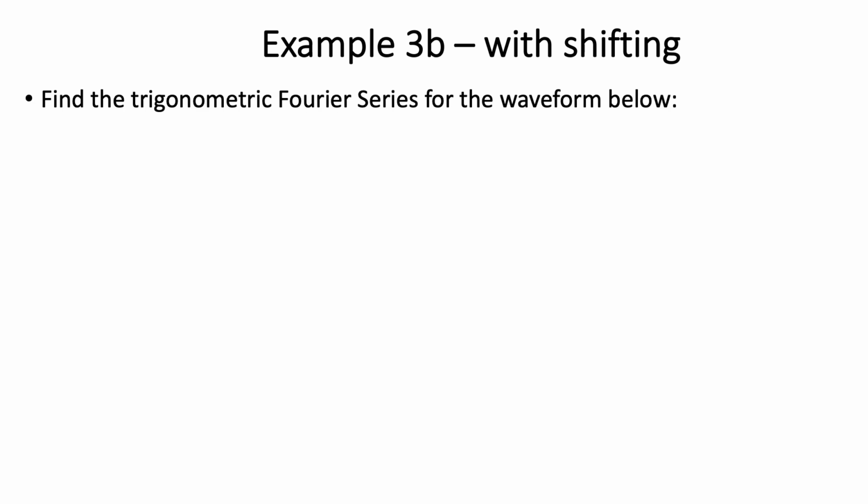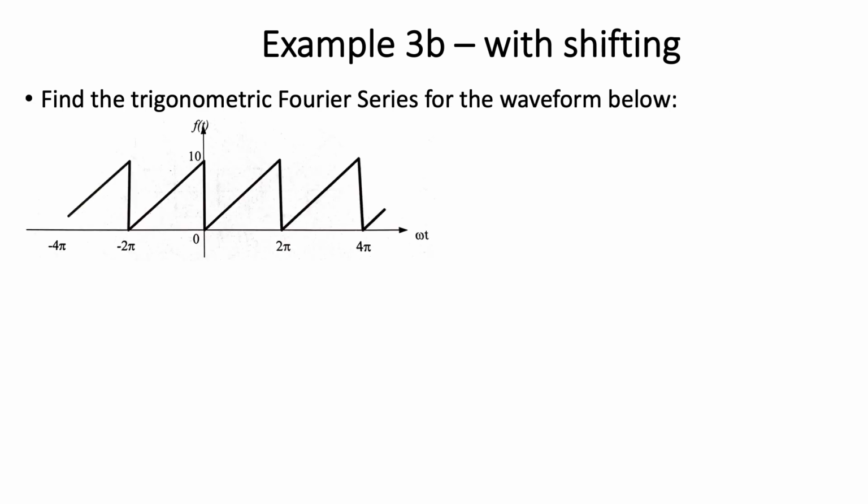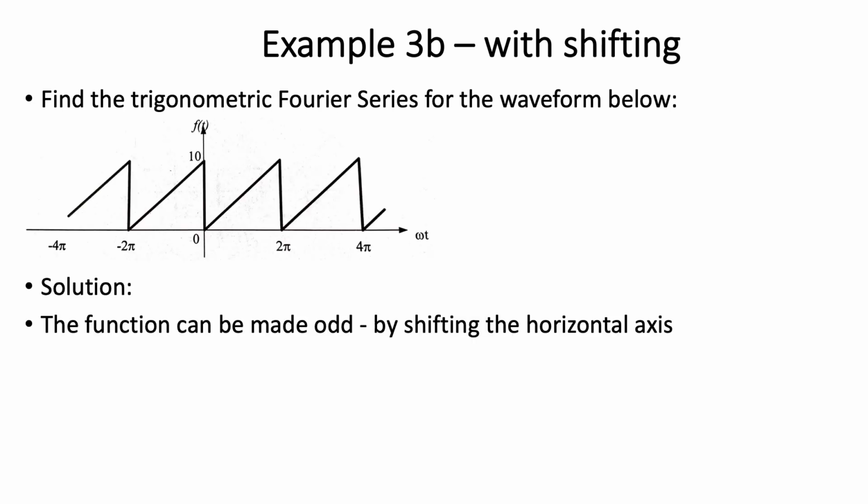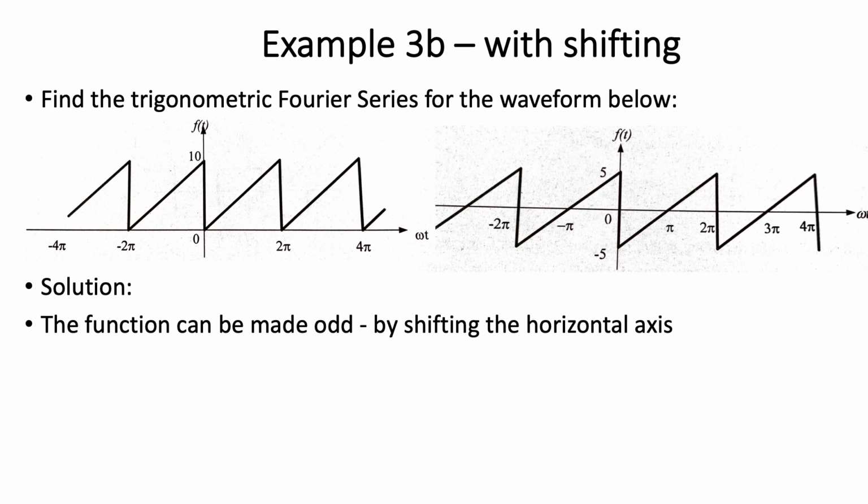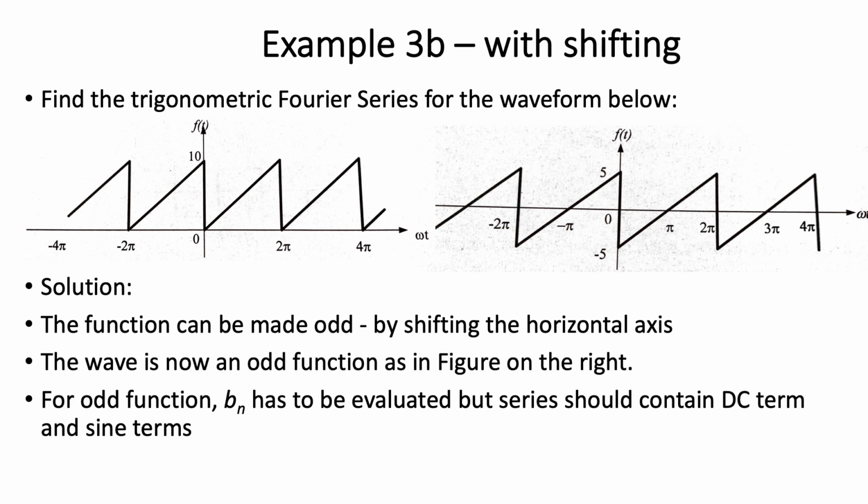Now let us look at the same example using time shifting. The function can be made odd by shifting the horizontal axis. The wave is now an odd function as in the figure on the right.